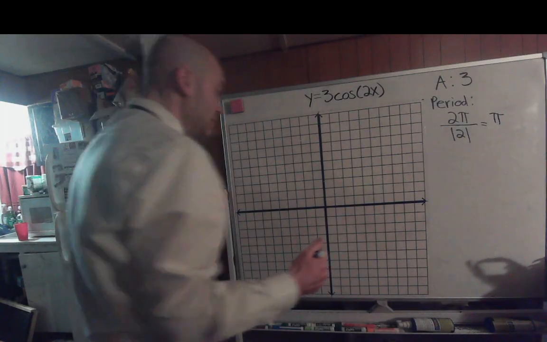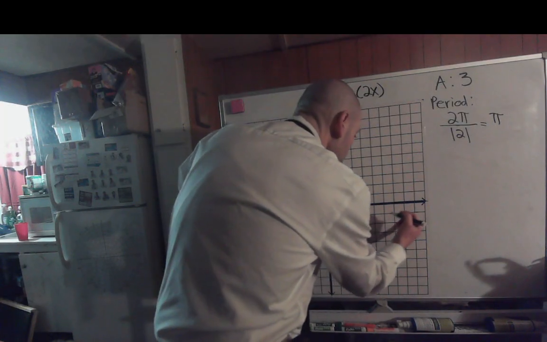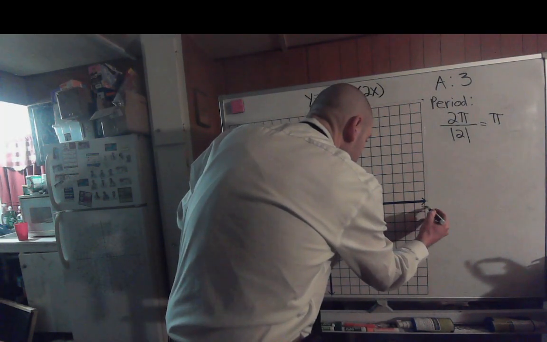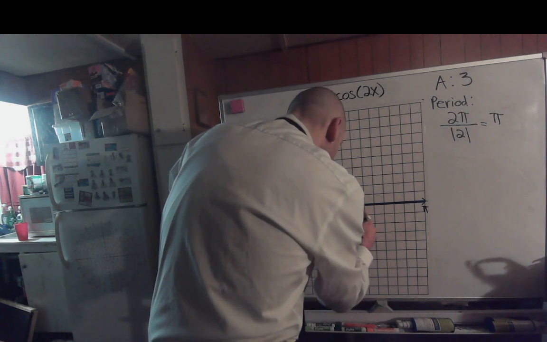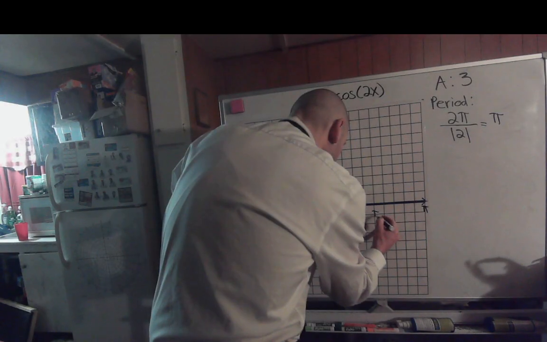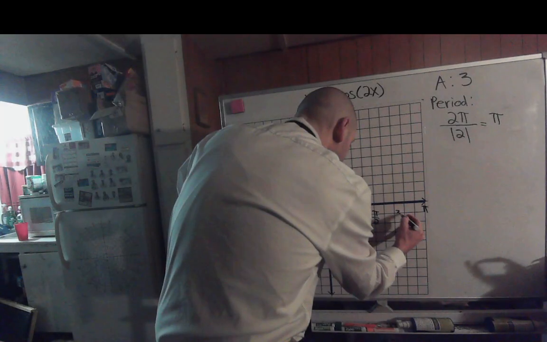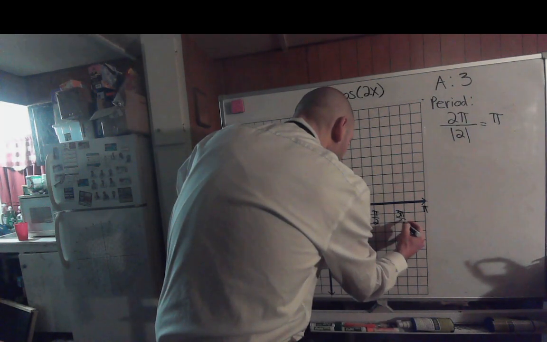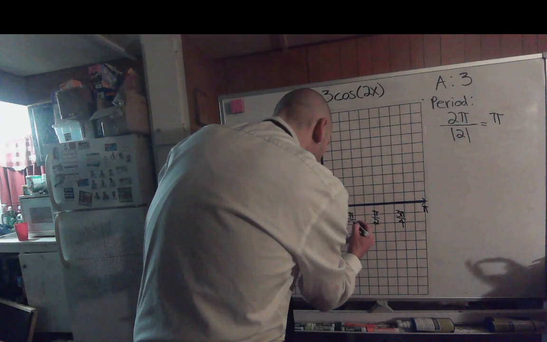So in other words, we're actually going to have a period of pi in this case. Let's still do the normal graph. So there's pi. Here's pi over 2. Here, this time would be 3 pi over 4. This would be pi over 4.